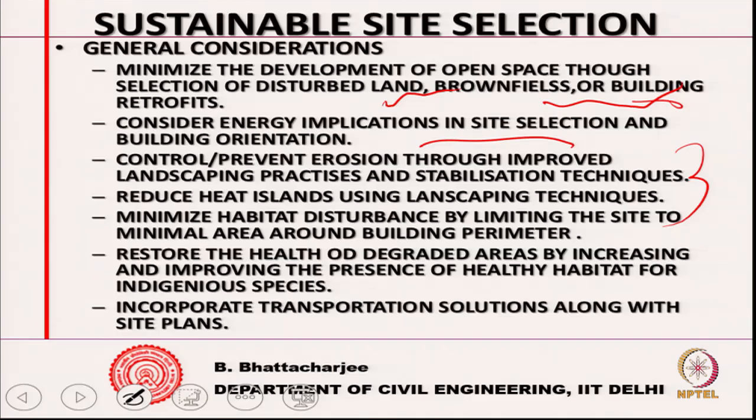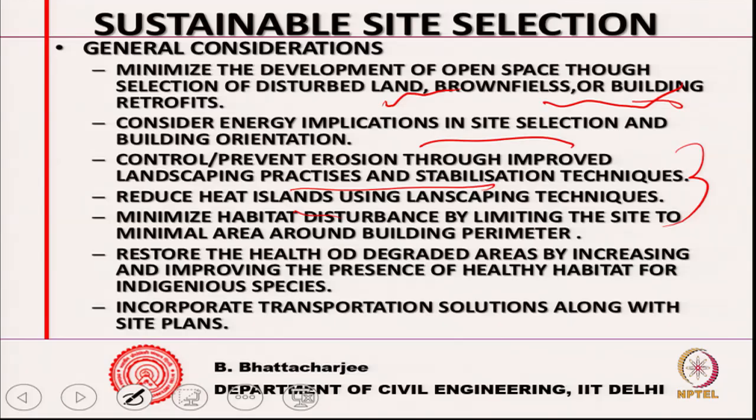Soil erosion should be avoided, right. Right kind of landscaping practices, and if required, stabilize the soil; no erosion should be there. Heat island effects should be minimized, which we have discussed from time to time.